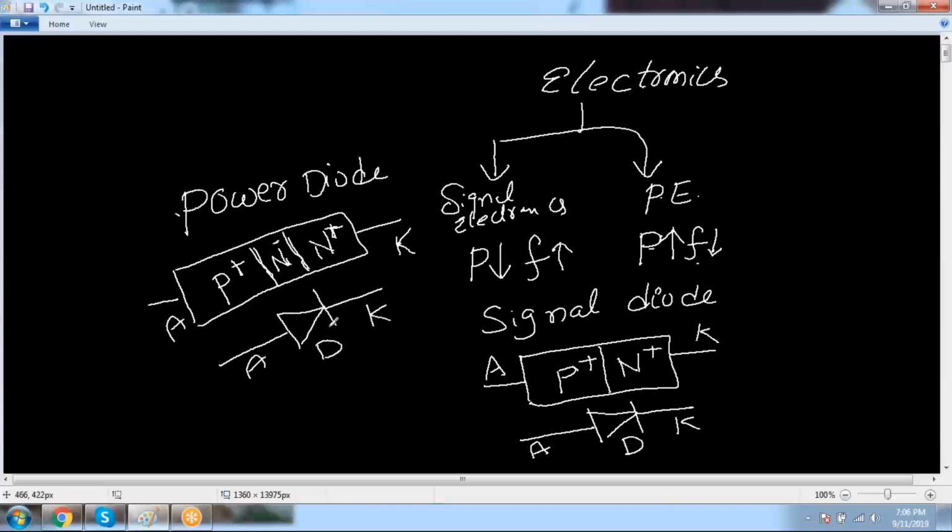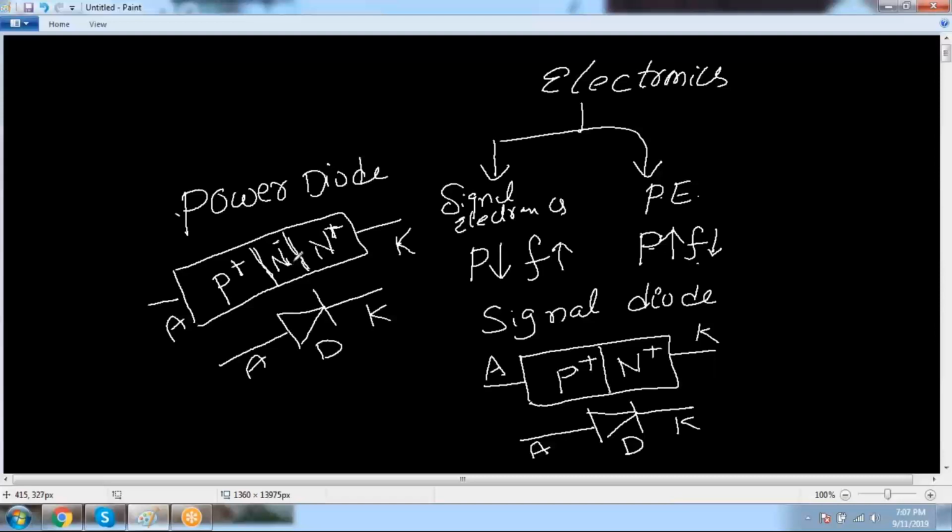Now I will give more clarity about this in the coming lecture. What is the difference between a power diode and a signal diode? Construction-wise, there is a minor difference. Here there is an N minus layer, but there is no N minus layer here. This N minus layer decides the blocking voltage capability.